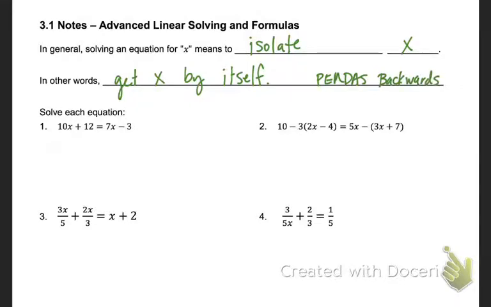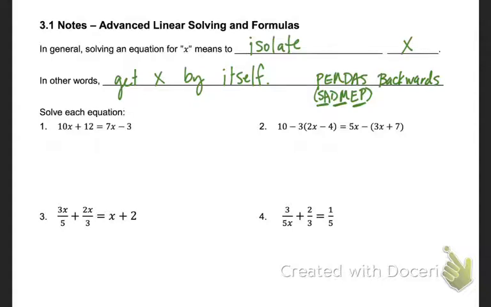If you say PEMDAS backwards, it's SAD-MEP. So what that means is, if I'm trying to solve for x and get x by itself, I'm going to add and subtract the numbers first. Then I'm going to multiply and divide the numbers second. And then I will do the exponents and the parentheses last. And that will isolate x.